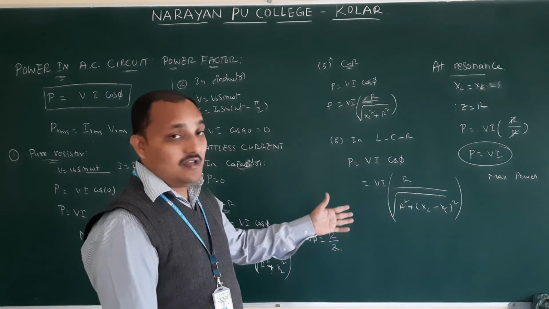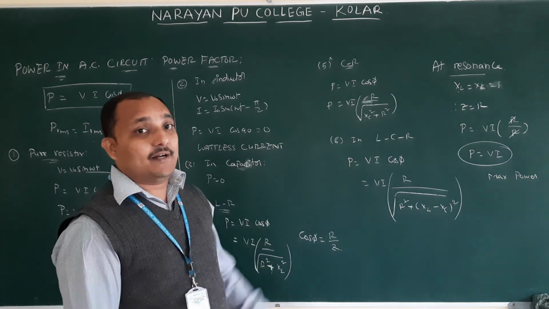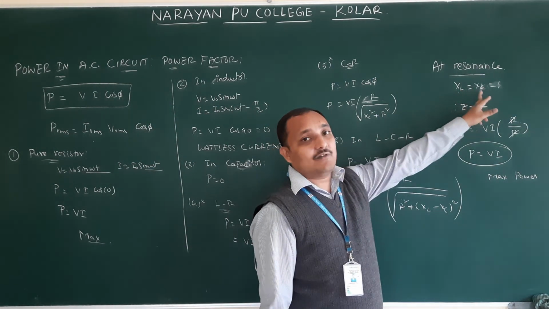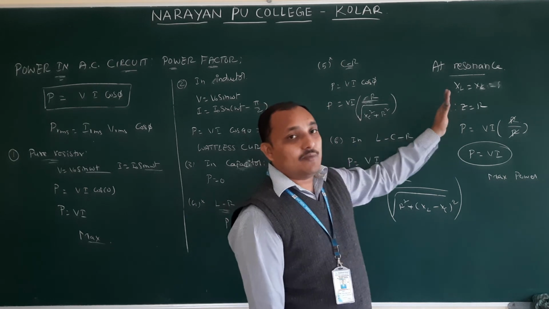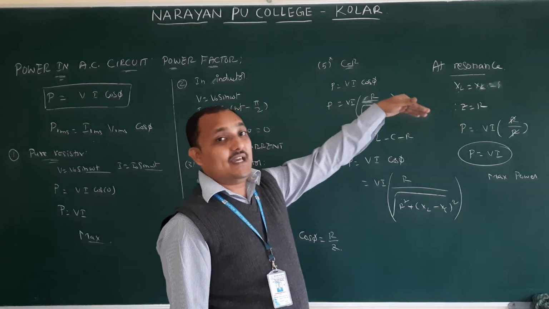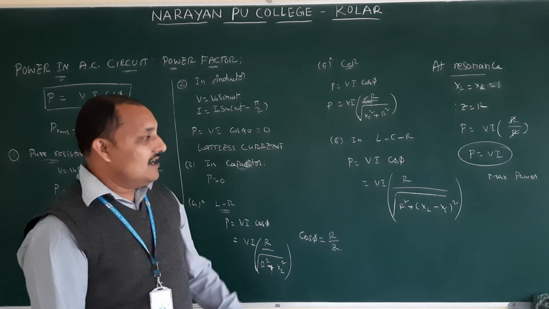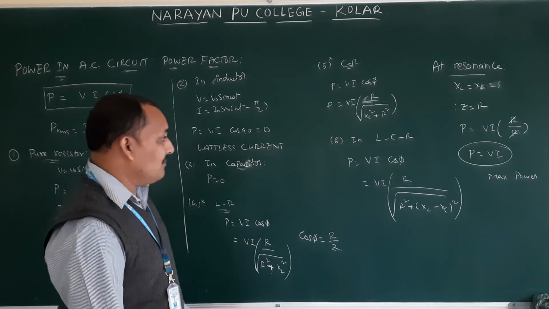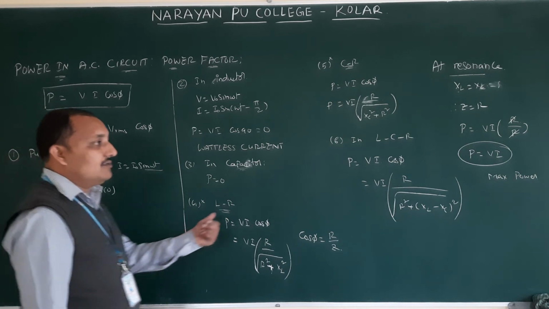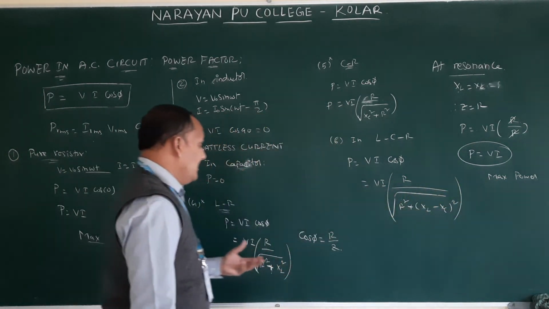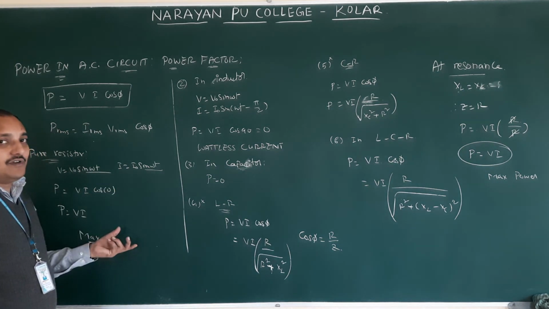So in an LCR circuit, when is the power going to become maximum? Simply at resonance. At resonance means XL is equal to XC. What is XL? Omega L. What is XC? 1 by omega C. From there you will get the resonant frequency. Sometimes they will ask the direct formula. So very important: maximum power is dissipated in an LCR circuit at resonance and in a pure resistive circuit.